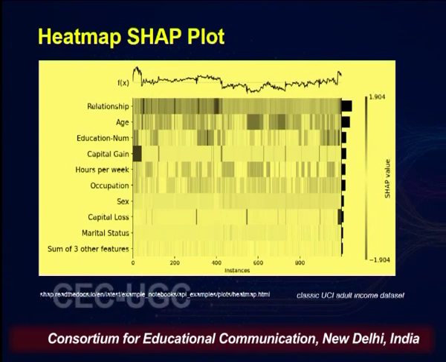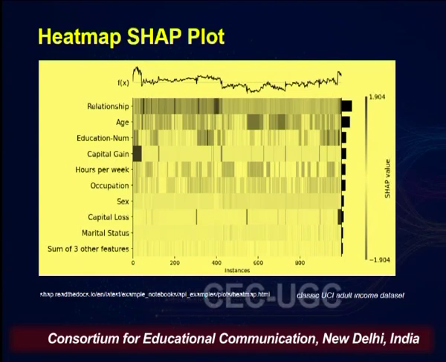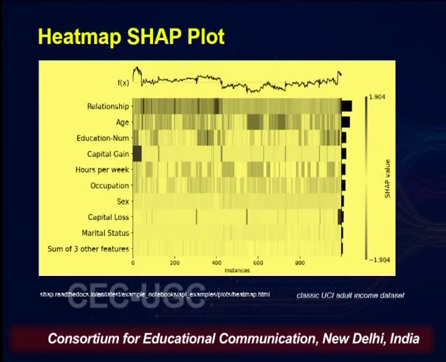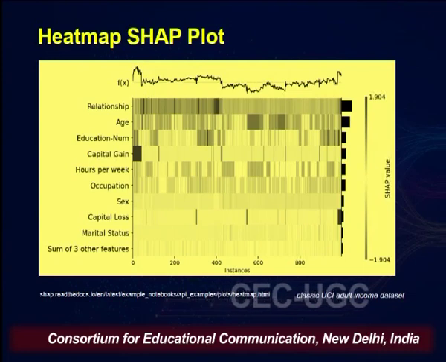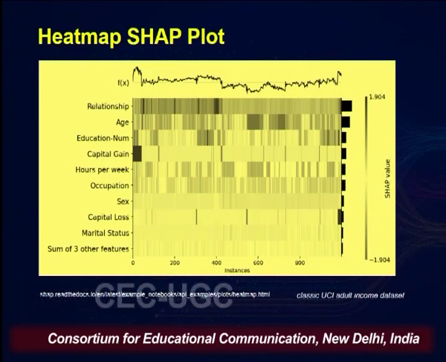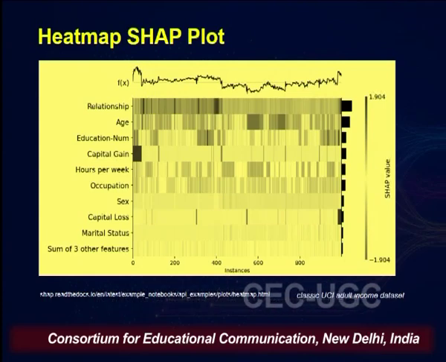Again, you can see which features are contributing towards high income, and what is the nature of the distribution of the target variable, shown in the vertical bars on the secondary axis, and also as the line bar on the top. And you can see there is a constant line showing the average. So many things are being communicated by a single heat map SHAP plot.